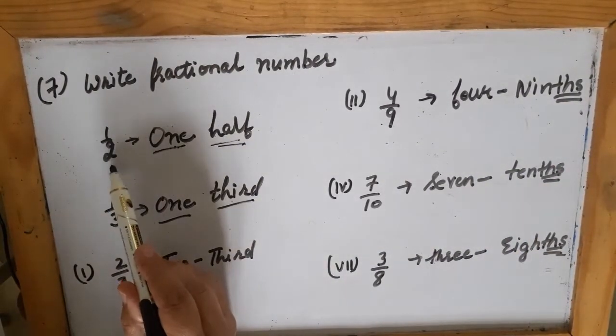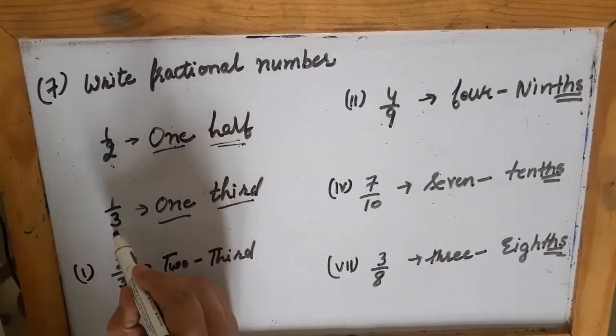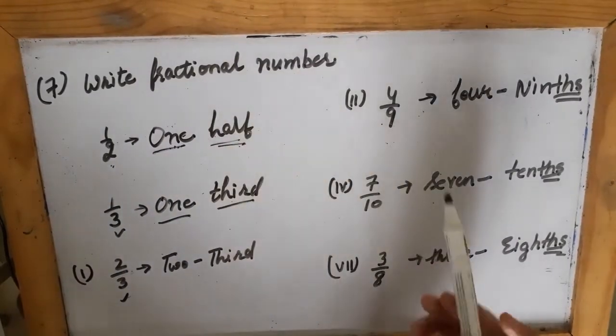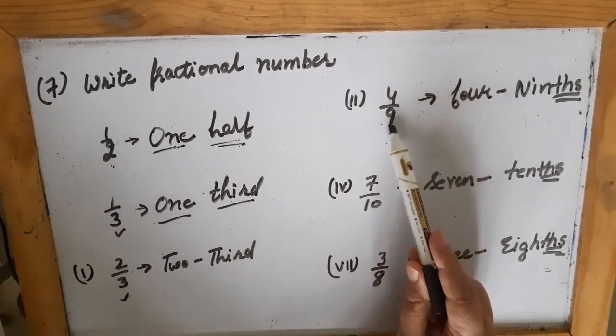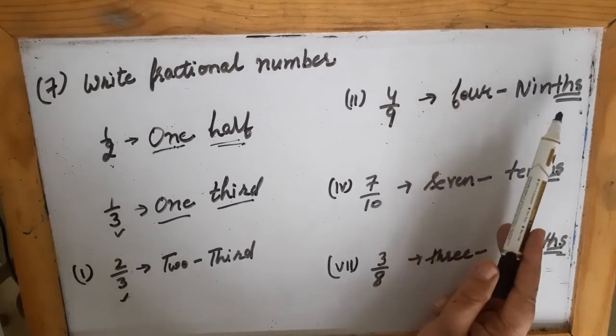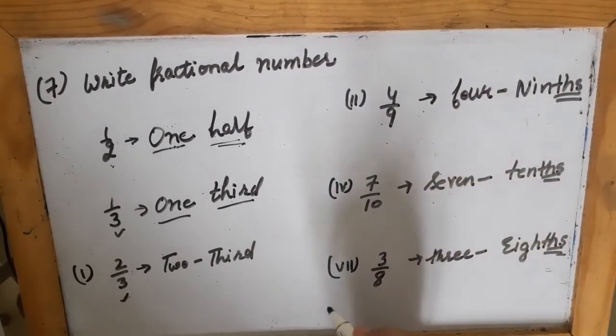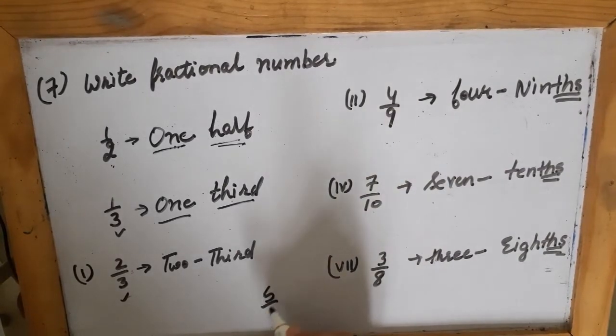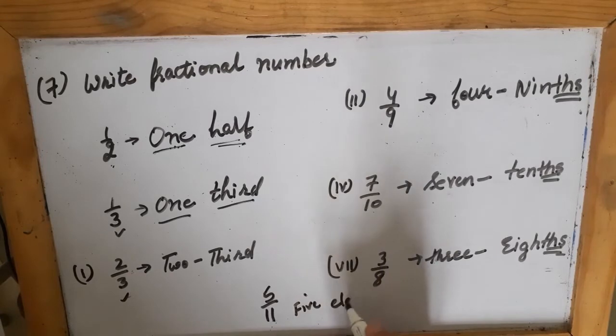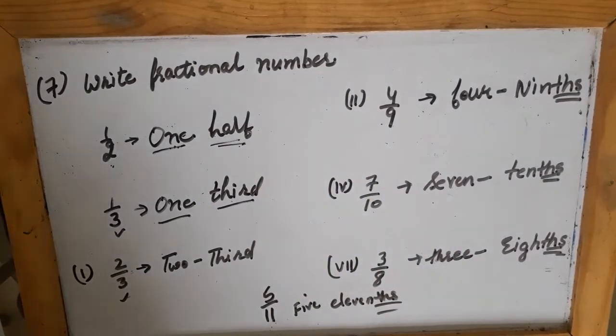Only the denominator 2 is half, the denominator 3 is third. The rest of the numbers as a denominator you add THS to them: ninths, tenths, eighths, and if you have 5/11, this will become five elevenths. So this is how we write the fraction in words.